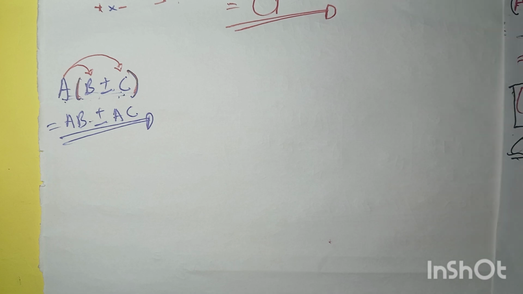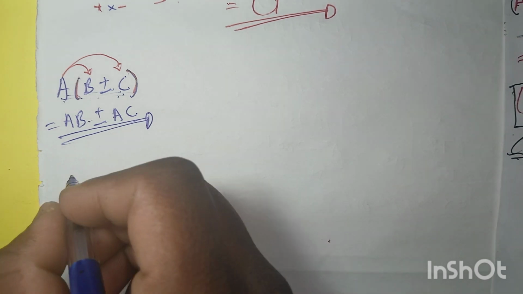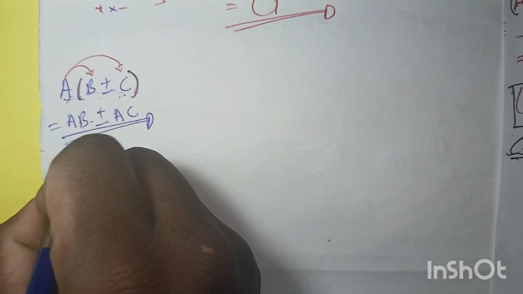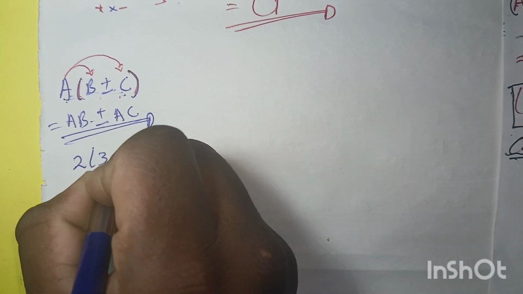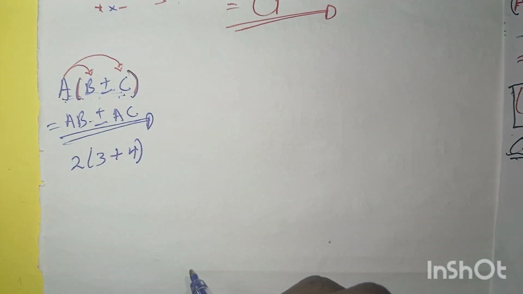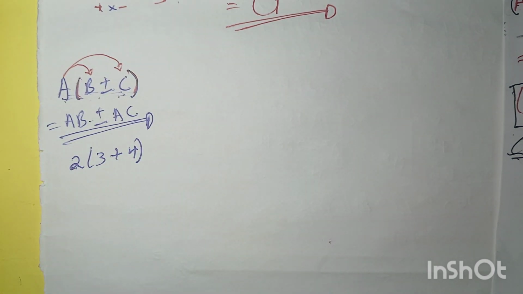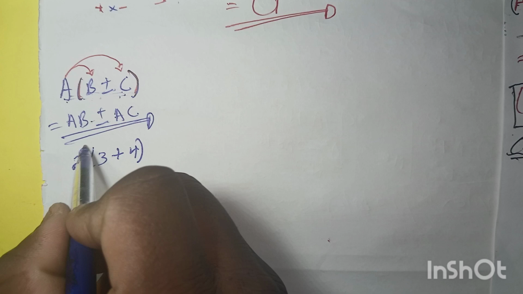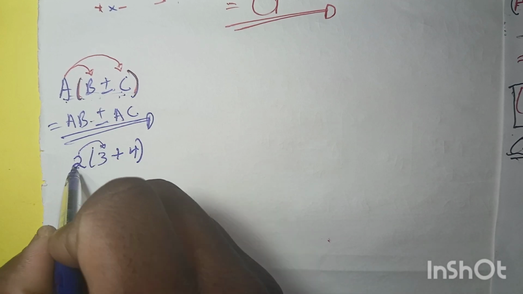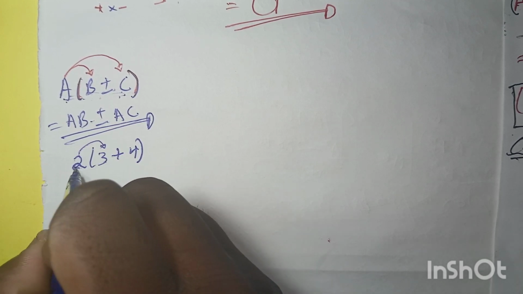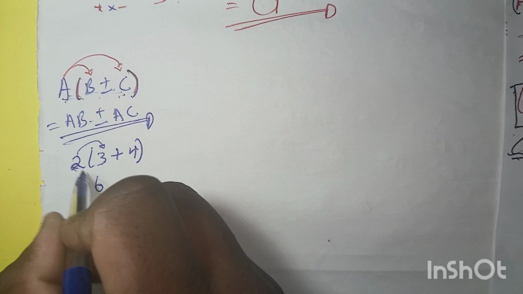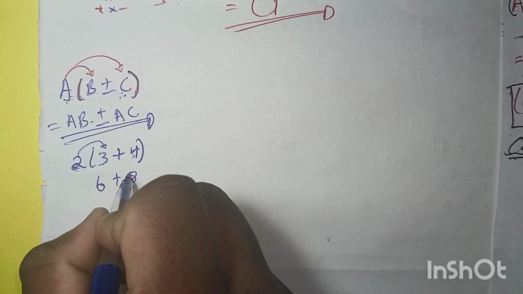Let me say you got this kind of example: 2(3 plus 4). Here you can even use your calculator. But if they say expand, no need to use the calculator, because you can multiply this thing inside. 2 multiplied by 3 is 6, and 2 multiplied by 4 is 8.